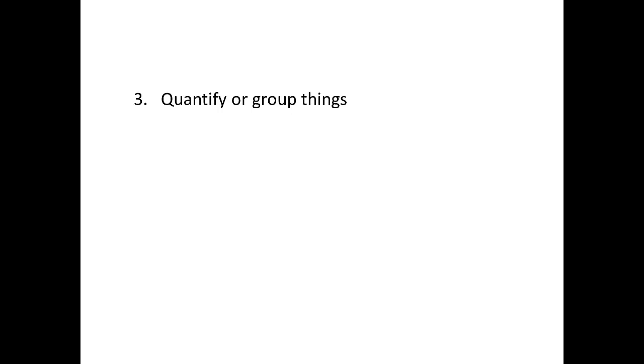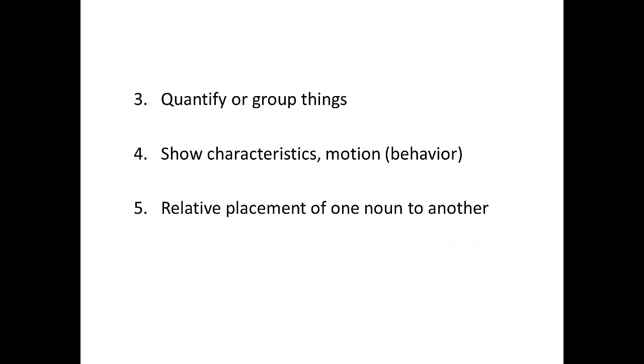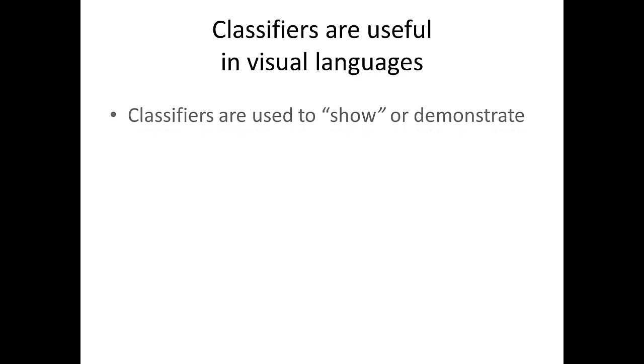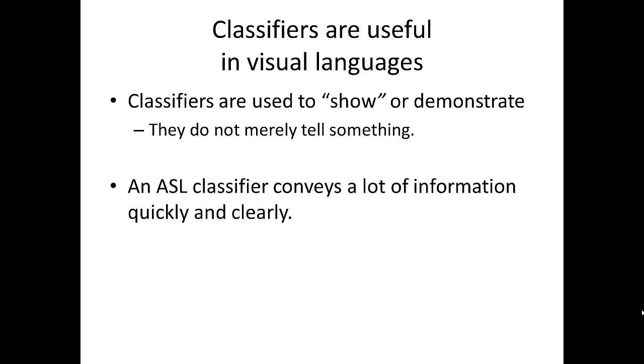Classifiers can quantify or group things, show characteristics or motion, or the relative placement of objects. They are very useful in visual languages. Classifiers tend to show rather than just tell you something. It's a way to give a lot of information quickly and clearly.